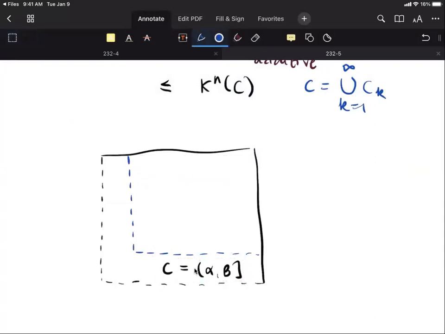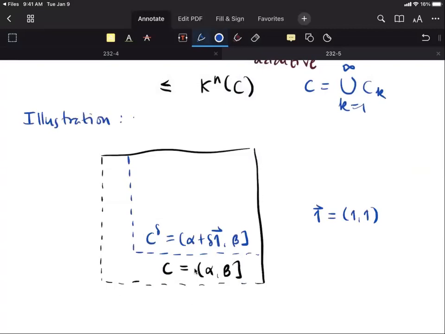And this, let's say C delta, is alpha plus delta 1, beta. So here the vector 1 consists of the components, or the vector having all components 1, 1. So here we are illustrating the idea of the proof for the case n equals 2.